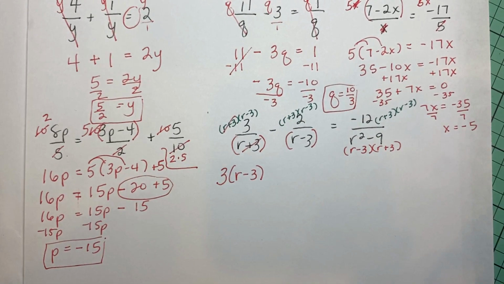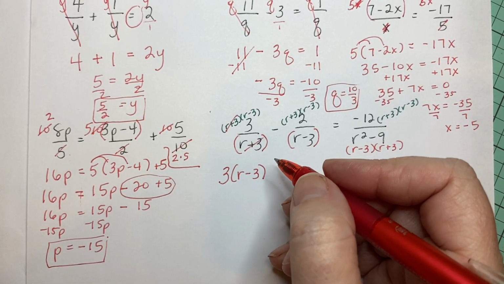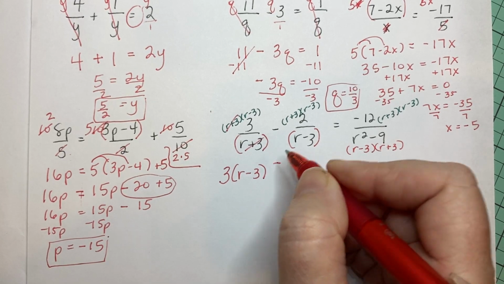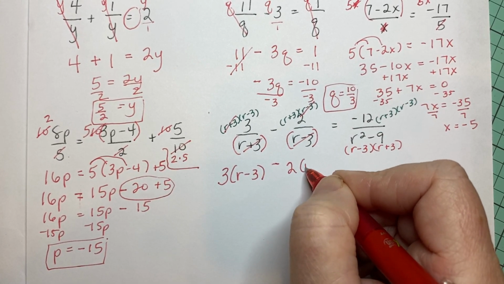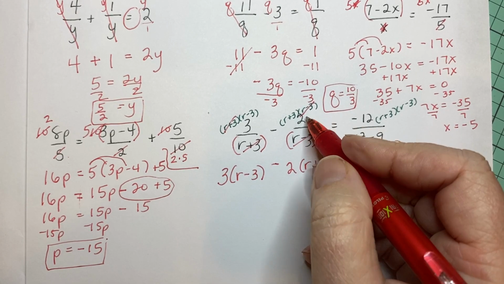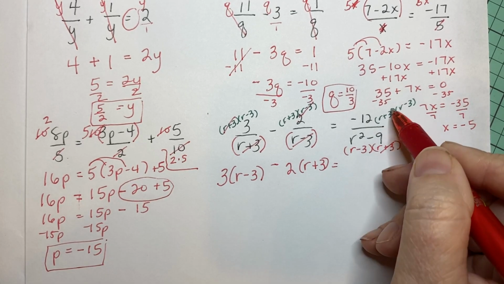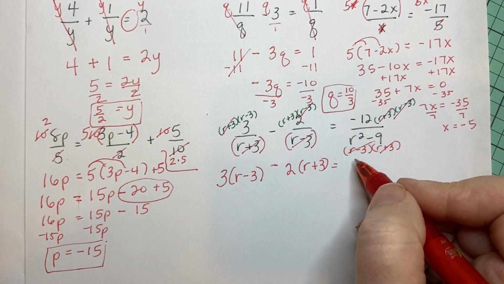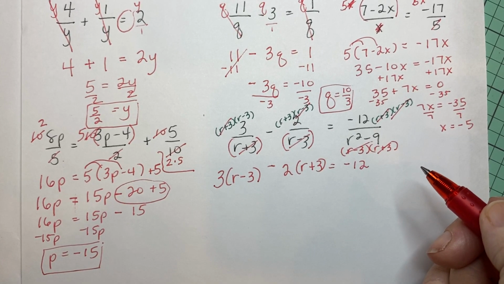You're always going to be left with the missing factor, the one that that fraction doesn't have. The minus comes down. This one, the r minus 3's cancel, and that's a 2 parentheses r plus 3 because you're left with 2 and then r plus 3. And then here, the r plus 3 cancels and the r minus 3 cancels. So all I'm left with there is a negative 12.